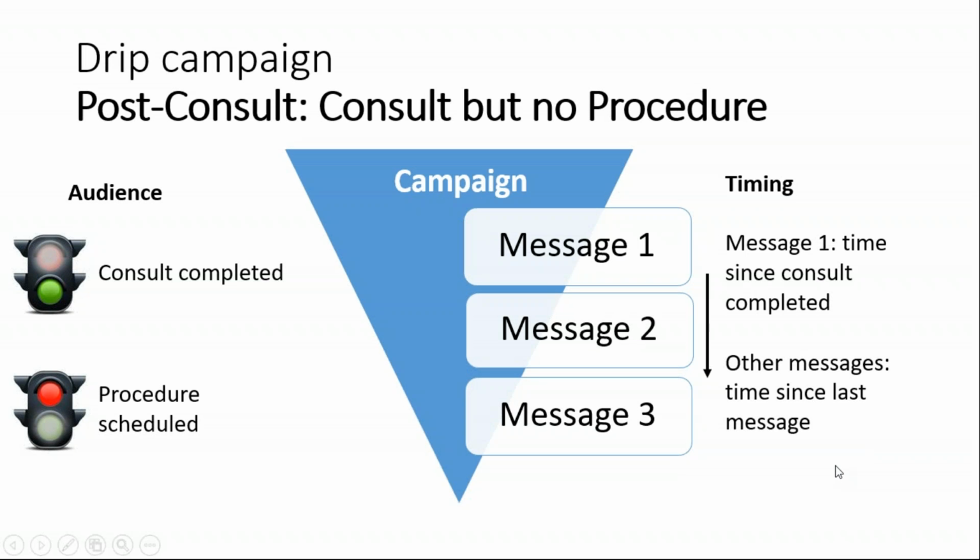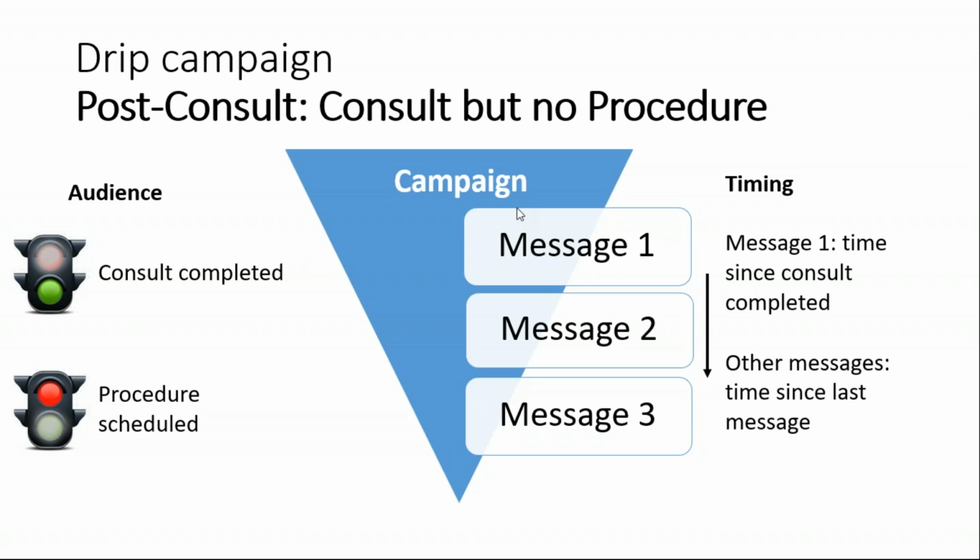Other kinds of drip campaigns are designed to speak to patients. The post-consult campaign can start sending messages a certain number of days or hours after a consult is completed, and it will keep sending the series of messages until I schedule that same procedure that I came in for the consult. You can also set it up so that if I schedule any procedure, I'll stop receiving the messages.